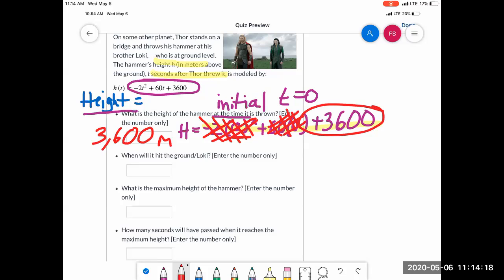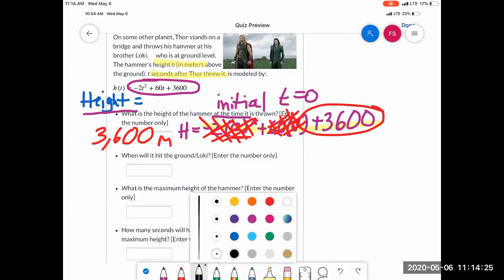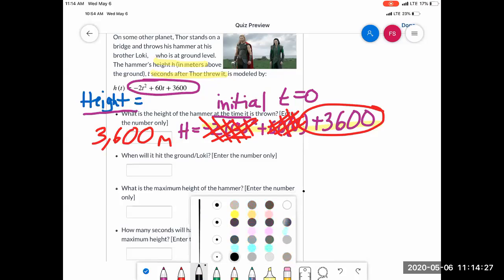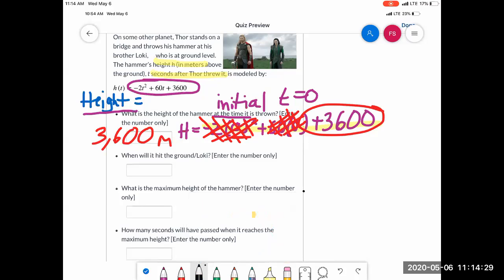All right, here in question number 2, it asks, when will it hit the ground? This question is asking something that's really similar to what we've been doing for the last 3 weeks, which is solving quadratic equations. When we solve a quadratic equation, we're looking for the x-intercepts, or when y equals 0.